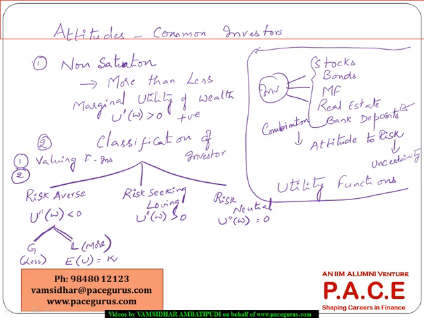A lot of concepts driving the world of investments are as simple as this: he gives less importance to the gain. So in order to motivate him for a risky investment, the expected return should be much more compared to the additional risk that is being taken.